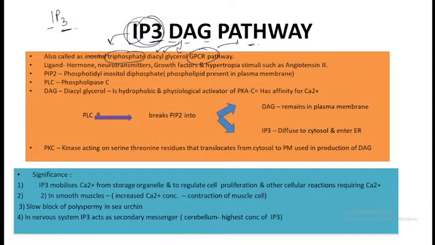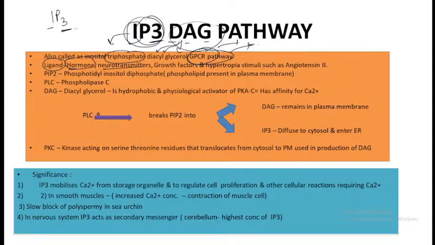What does this mean? Over here we will be getting the concept of GPCR involved. Which are the various ligands which participate via the IP3-DAG pathway? First is the hormone.